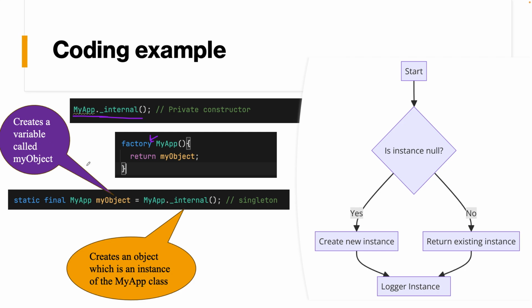Here it creates a variable, this is the variable, it creates the object and then assigns it to my object. So if you keep on creating or calling it on the factory, you will have the same instance. If you create multiple things, you will return the same instance value. I hope that makes sense.